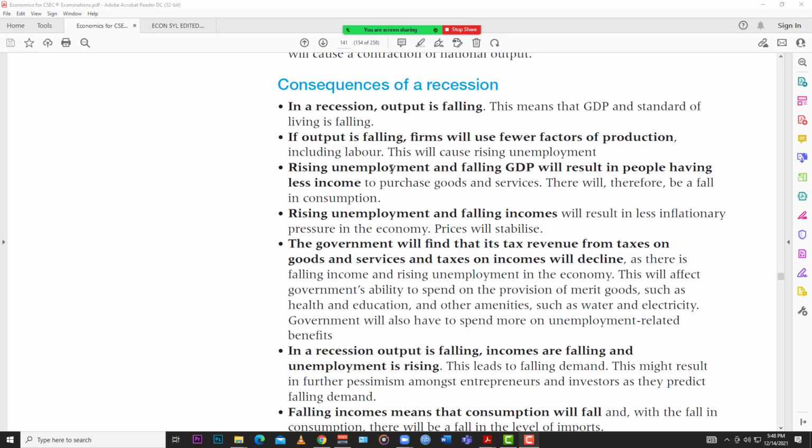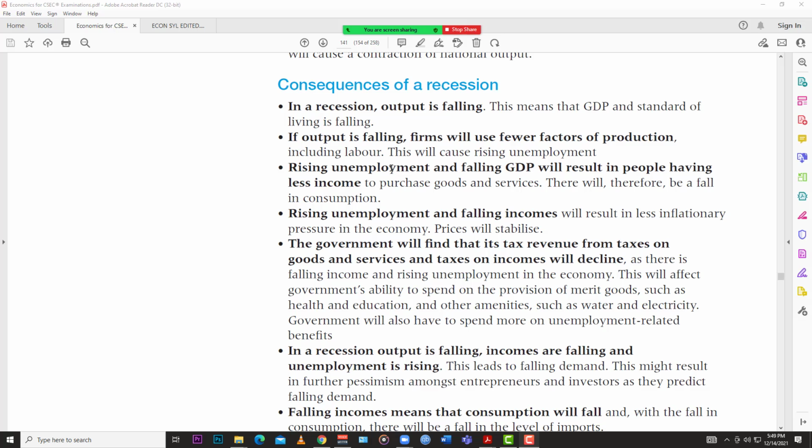So therefore, my demand would fall, consumption would fall. Imagine this is occurring on an aggregate level, on the economy as a whole. A number of persons losing their jobs, unemployment high. That means demand is low, so nobody has the money, right? So people have less income because of the recession, and therefore consumption would fall, and so businesses are not going to be making as much money as they did before.